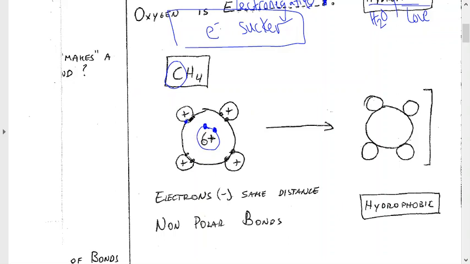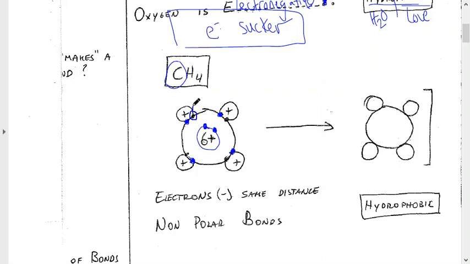We've got 1, 2, 3, 4. Oh, I'm sorry. The remaining 4 of the 6 are on the outer ring, and the hydrogens bring their own.